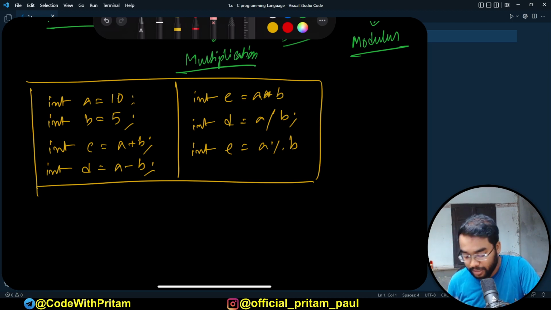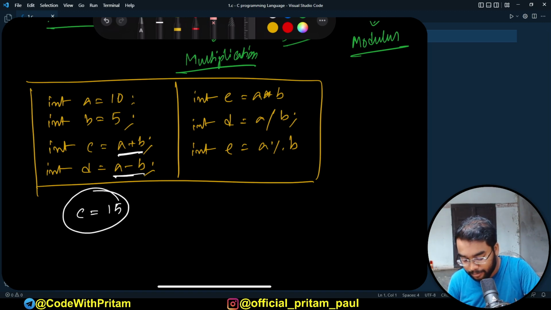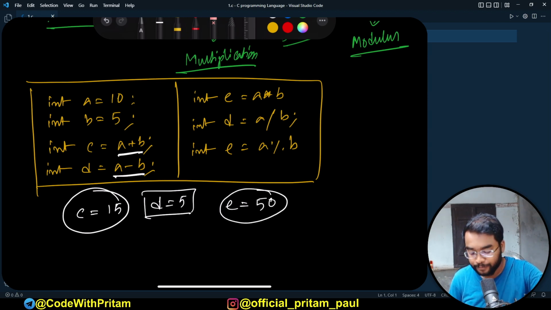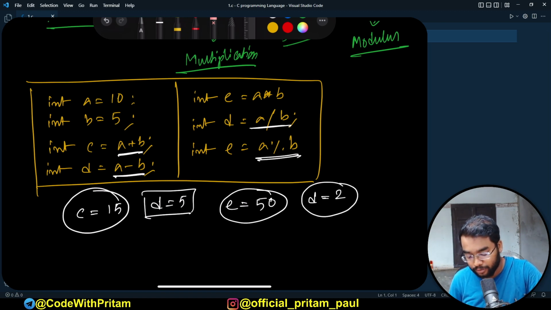Here a plus b means 10 plus 5, which is 15, so c will be 15. a minus b means 10 minus 5, which is 5. a times b is 10 into 5, which is 50. a divided by b is obviously 2, and a modulus b gives 0.